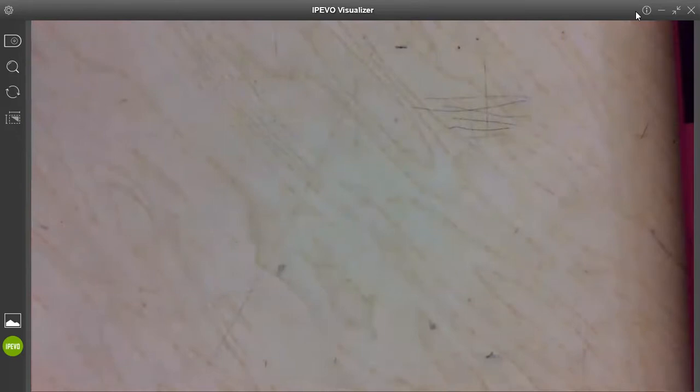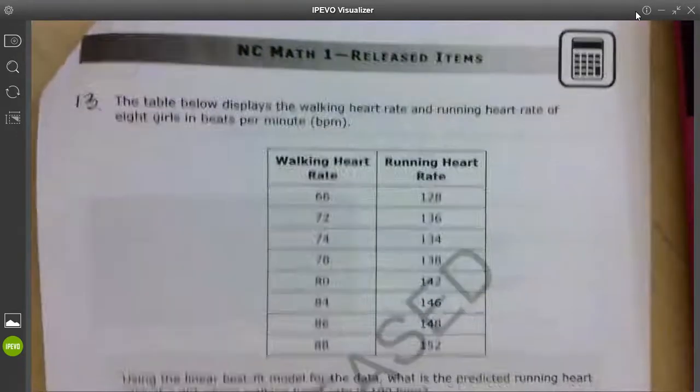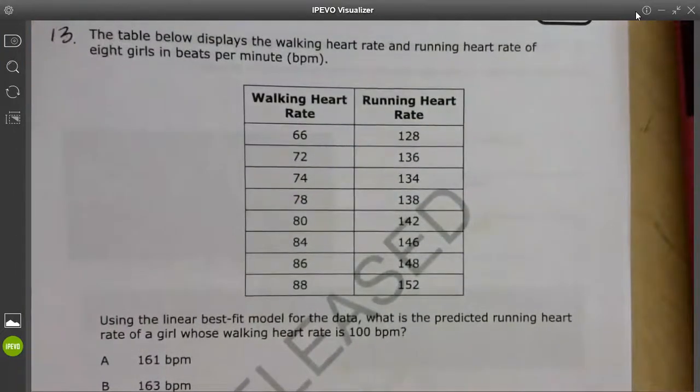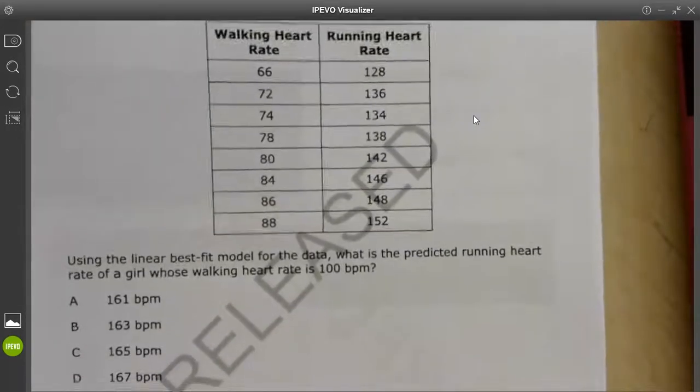Okay. Check out 13. It says the table below displays a walking heart rate and running heart rate. Ooh, we're about to be finished. Of 8 girls in beats per minute. There's the walking and running.